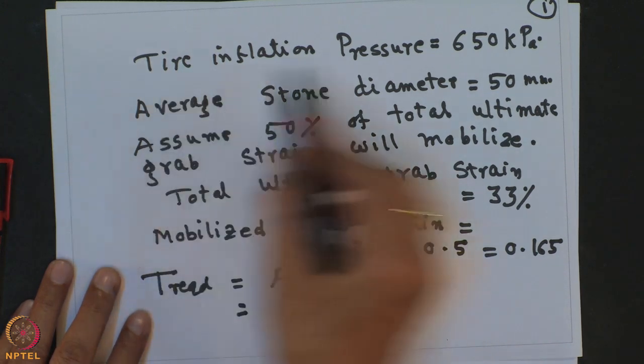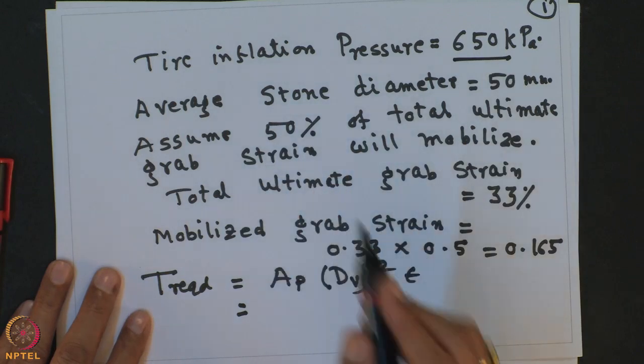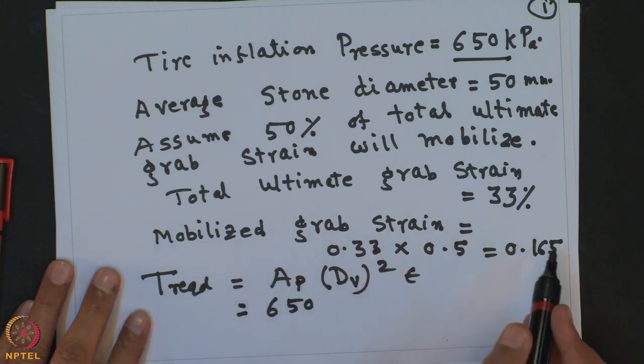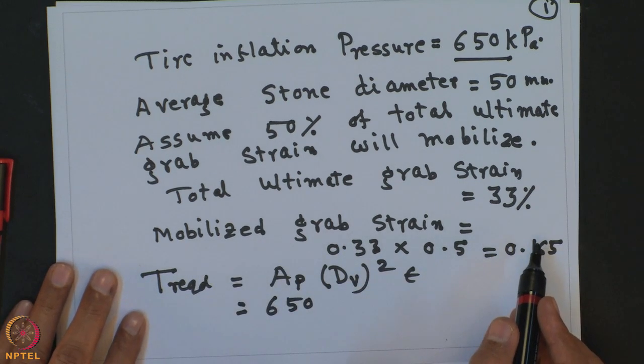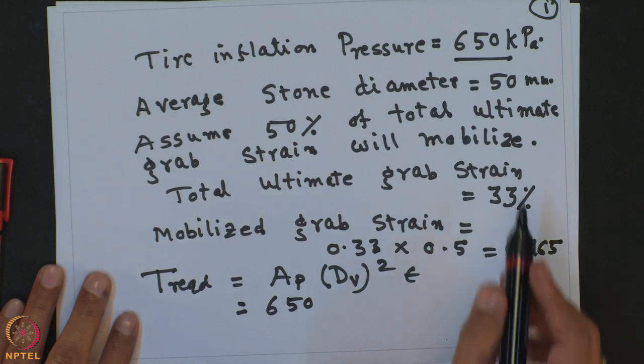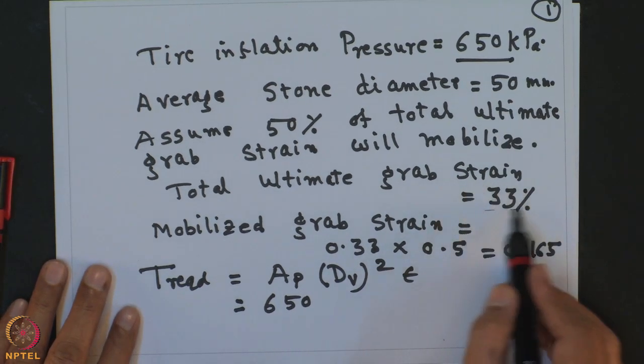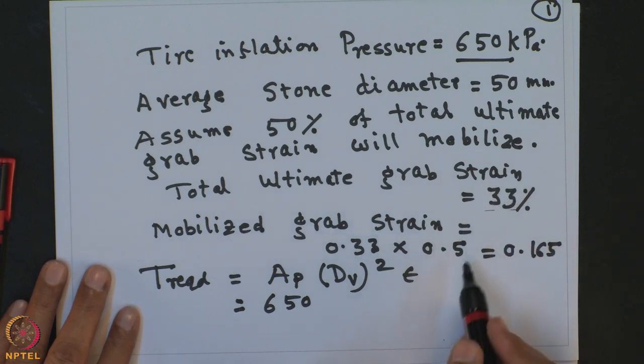So, p is equal to the tire inflation pressure, which is 650, into d_v square, into your total ultimate grab strain value, which is 0.33.